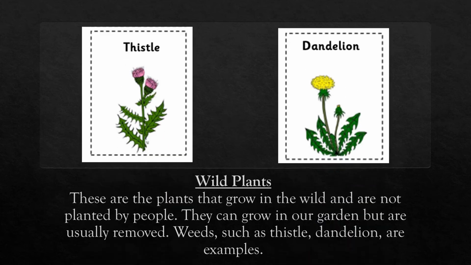These are the plants that grow in the wild and are not planted by people. They can grow in our garden but are usually removed. Weeds such as thistle and dandelion are examples of wild plants. And students, weeds are unwanted plants. They are not planted by people but they grow by themselves.